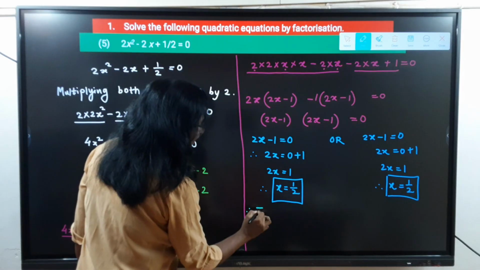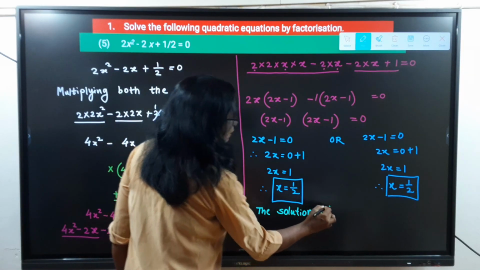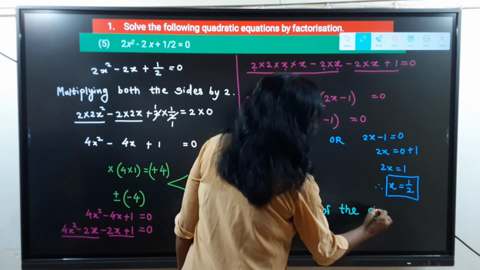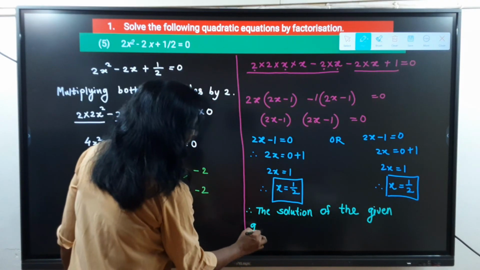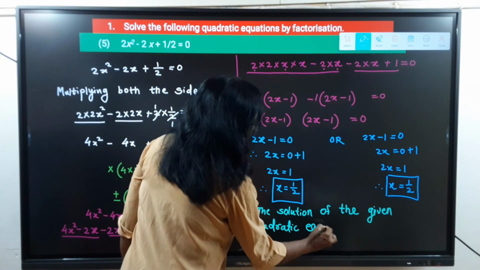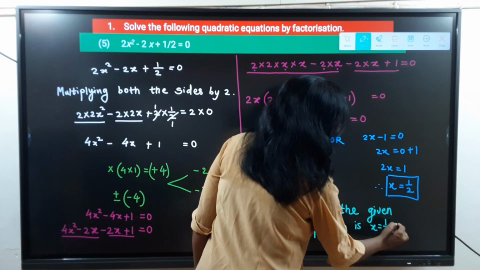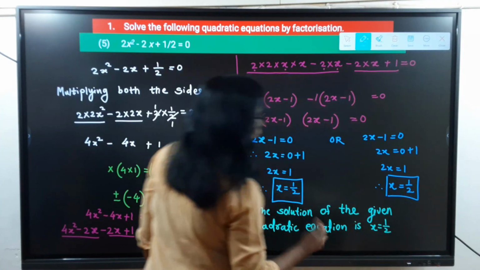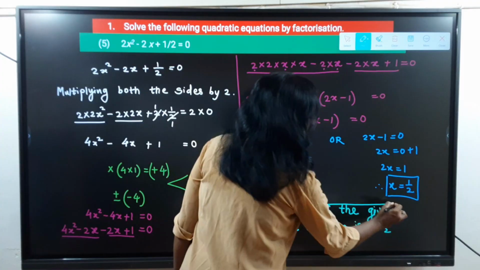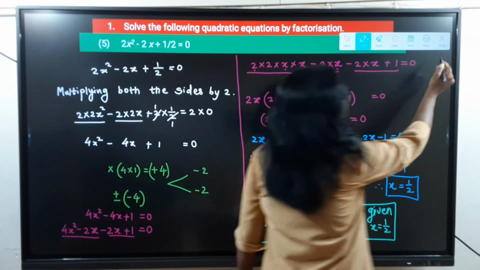Therefore we say the solution of the given quadratic equation is x is equal to 1 upon 2, or x is equal to 1 upon 2. So we write only 1 upon 2. Okay. Then the next example.